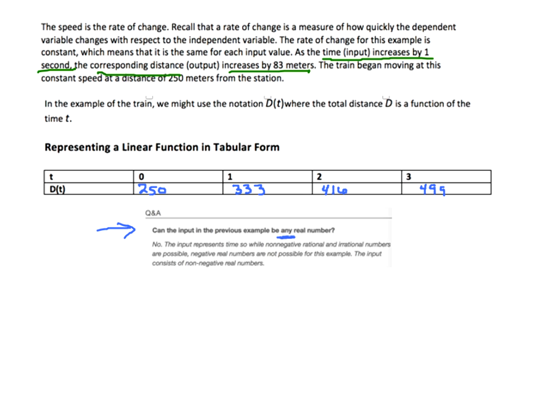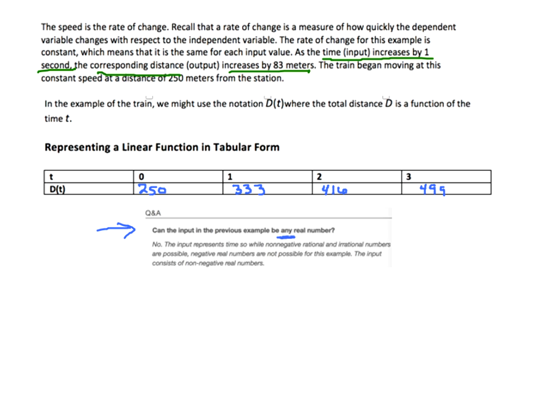Well, if your domain is represented by your time, then yes, you do have restrictions. You cannot input negative time values. There's no such thing as negative time.